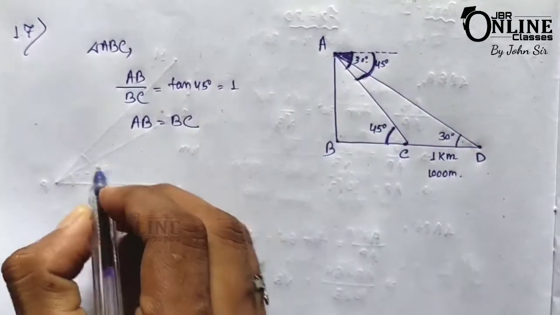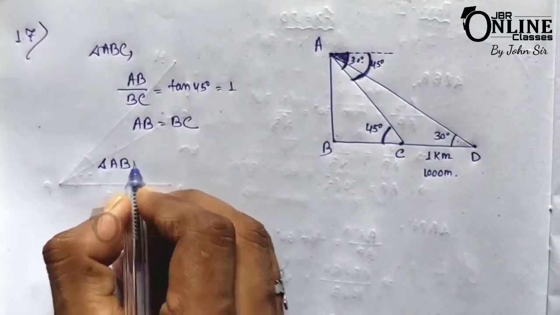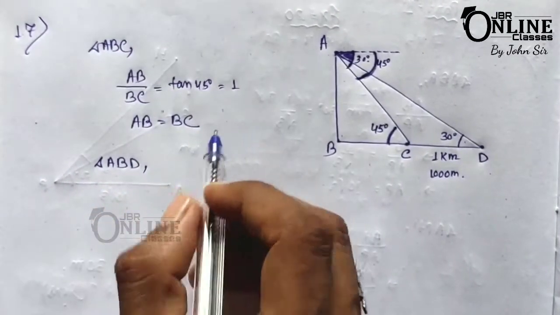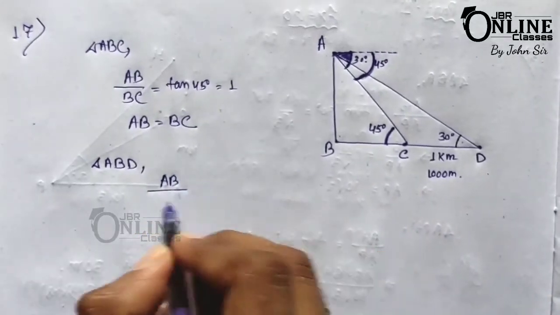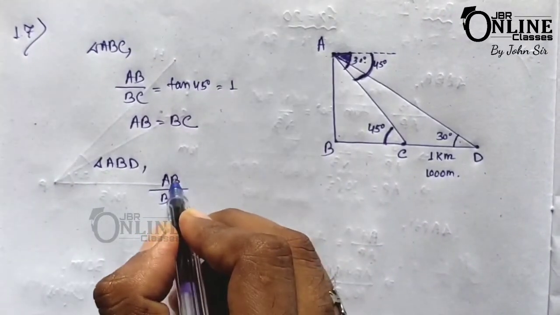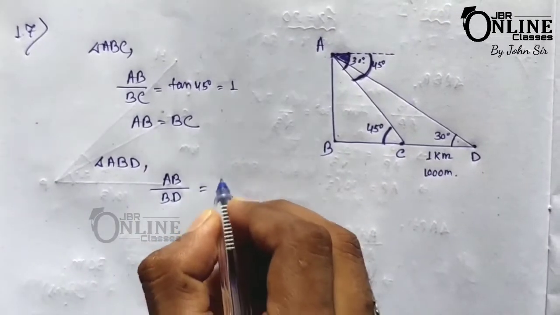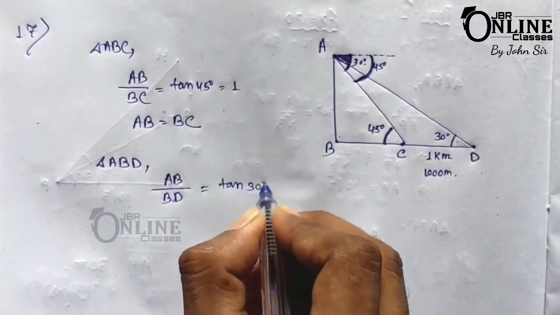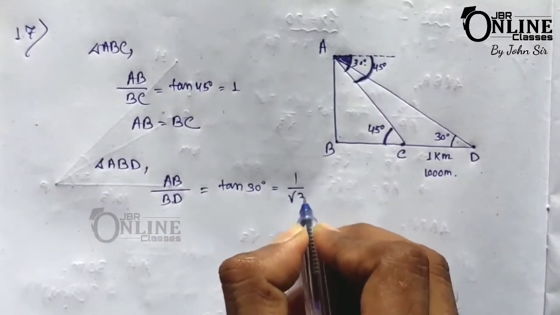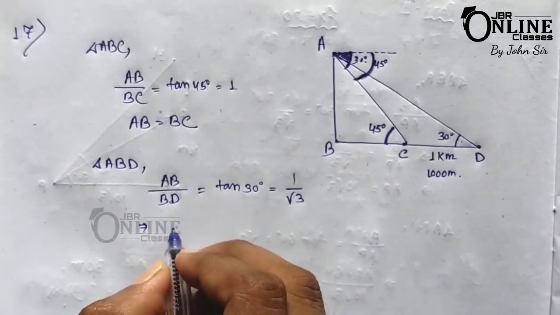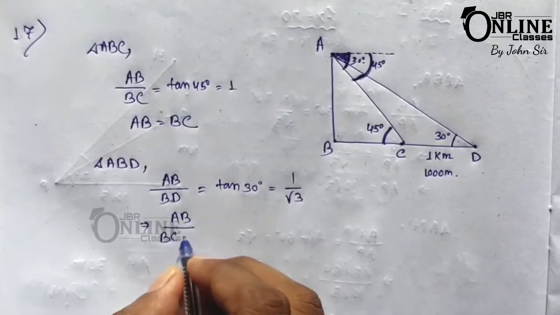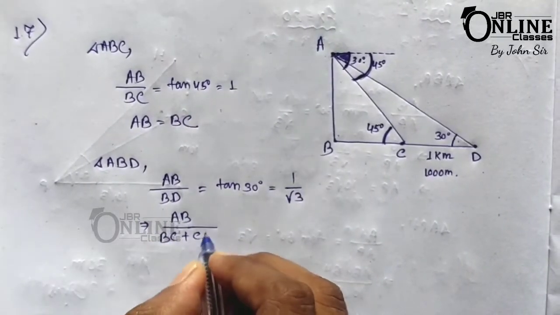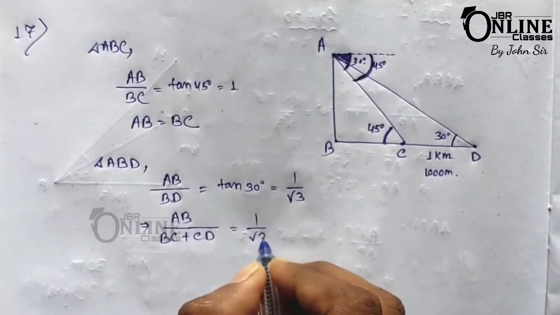Now for the second one, that means triangle ABD. For triangle ABD, AB by BD, perpendicular by base, equals tan 30 degree. Now the value of tan 30 equals 1 by root 3, and here AB by BD. Now BD means BC plus CD, so AB by (BC plus CD) equals 1 by root 3.